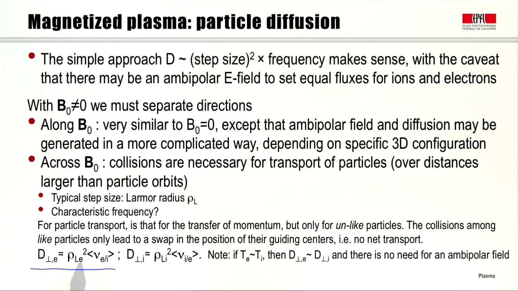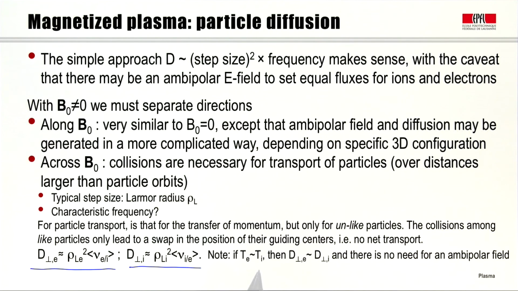So that's the typical step size, the Larmor radius for electrons squared, times the frequency for the exchange of momentum between different species or between unlike particles. Similarly, for the ions, we get the ion Larmor radius squared and the frequency for the exchange of momentum between ions and electrons the other way around.